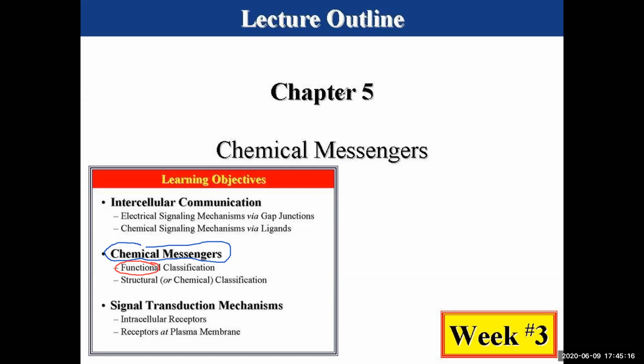Or we can classify them based on the way they look, so based on their structure. So structural classification or chemical classification. And then we're going to finish up the lecture with the signaling cascades themselves, so the events leading to a cell's response.